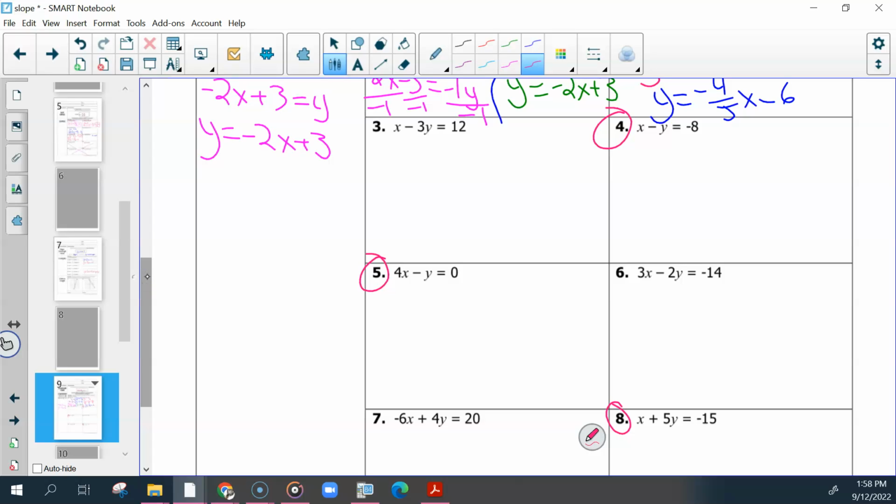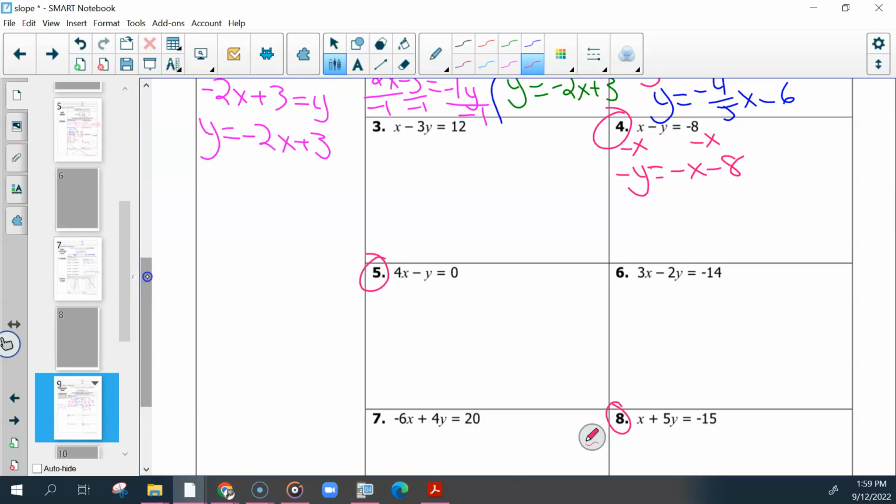For number 4, same process, move x over by subtracting. So then we have negative y equals, and then I'm again going to switch the order of those. But then I still have to get y by itself.